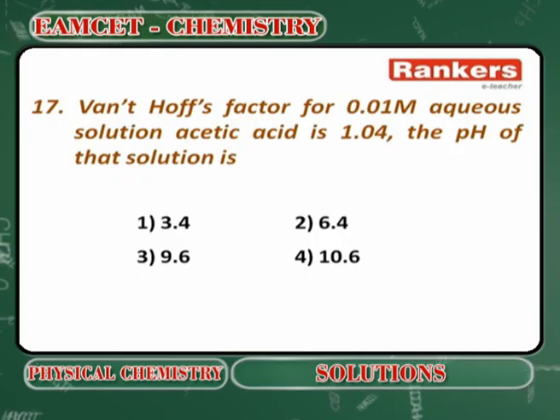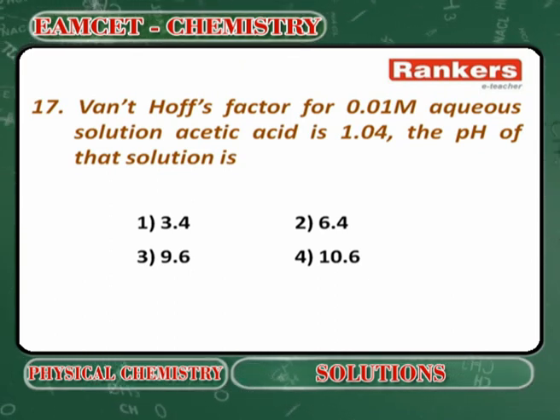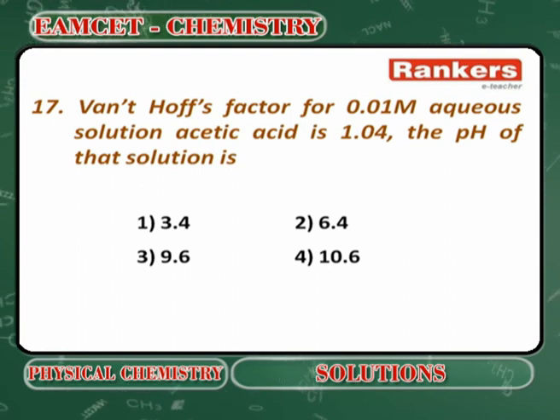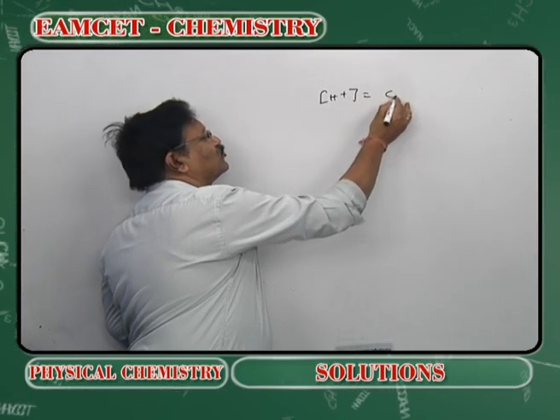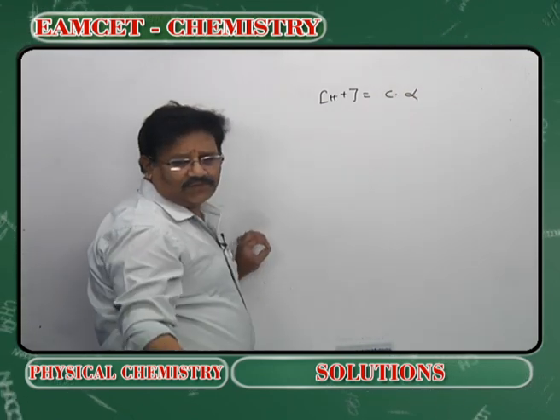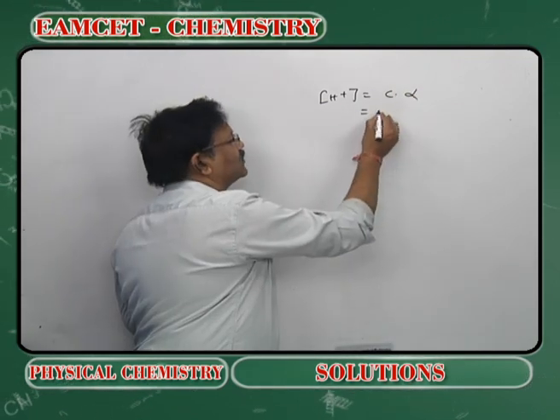Van't Hoff factor for 0.01 molar aqueous solution of acetic acid is 1.04. What is the pH of that solution? Now, how to get the pH of the acetic acid, which is a weak acid? Therefore, H plus ion concentration will be equal to C into alpha. What is the C value? 0.01.